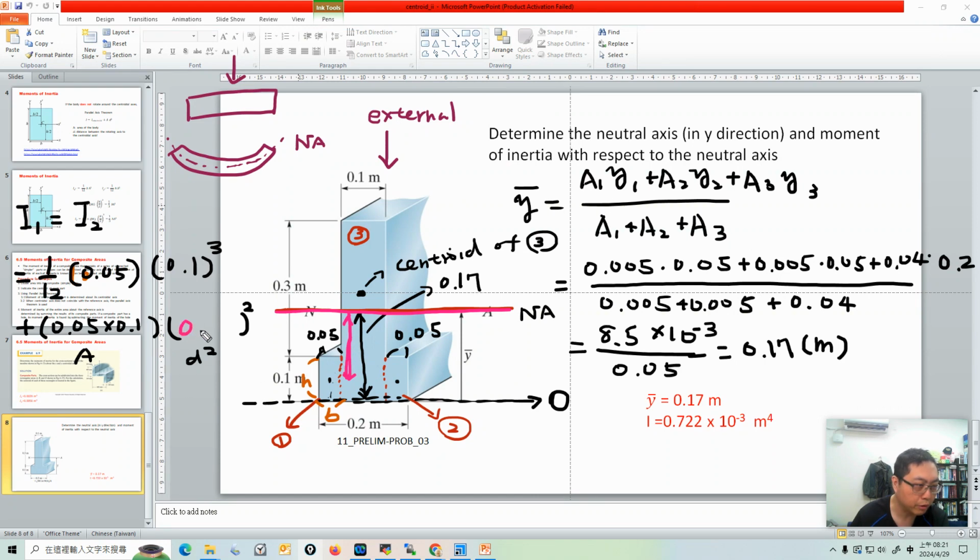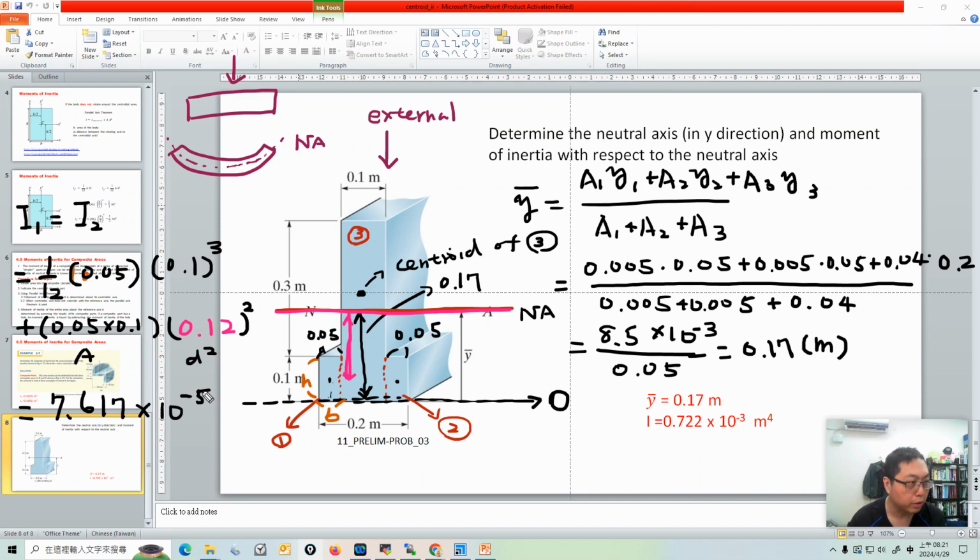Got it? 0.12, and square it, right? A d squared. Be careful, and then use your calculator. I think I1 equals I2, and my calculator gives 7.617 times 10 to the power minus 5. Let me check the answer. I have to double check it.